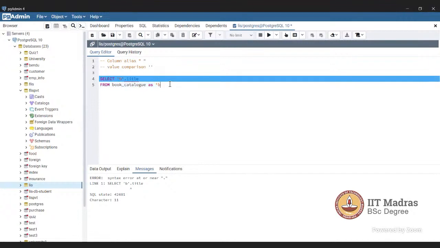So in pgAdmin, for the column or the table alias, we use the double quote. I think it is clear to everyone, yes or no? Yes. And for the value, we use the single quote.